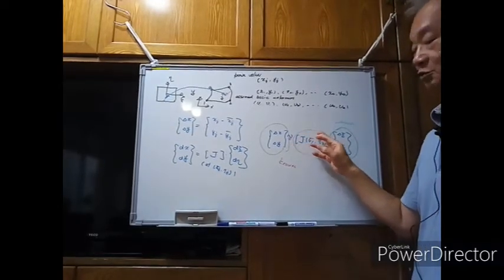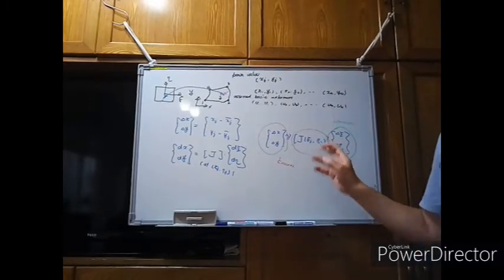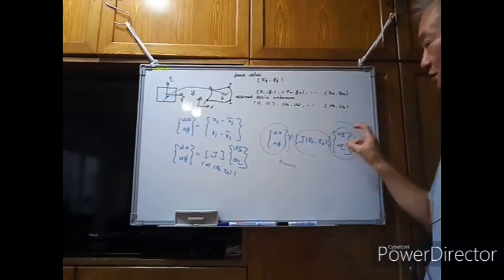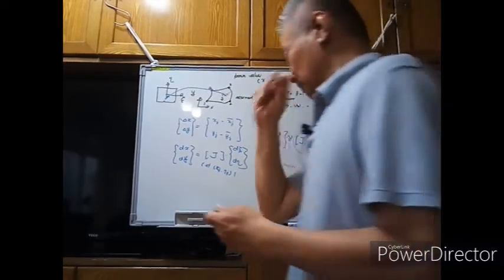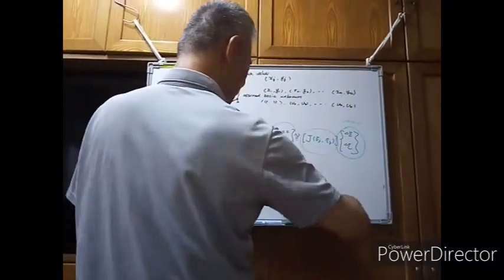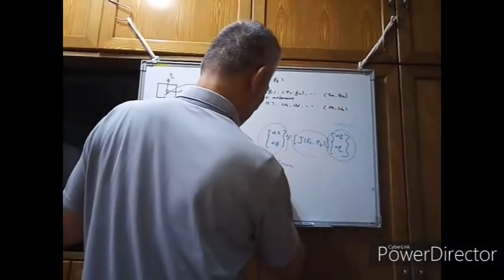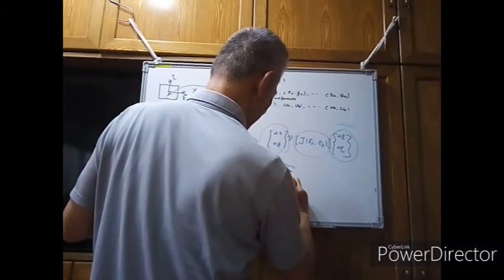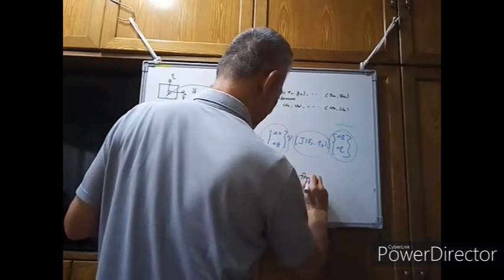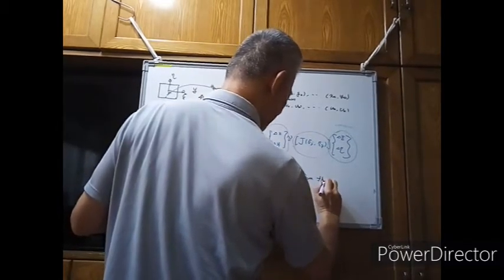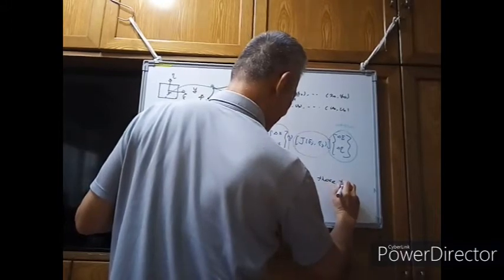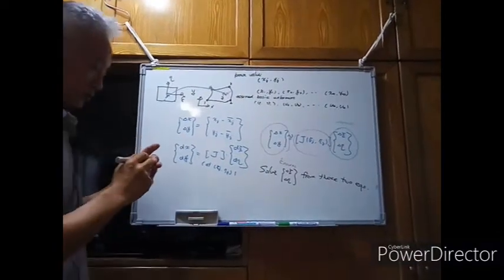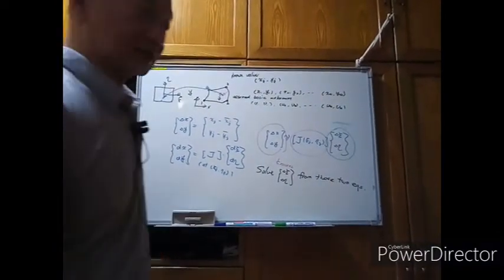Right now we have two equations with two unknowns, and you can solve these two equations to get the delta C and the delta eta.